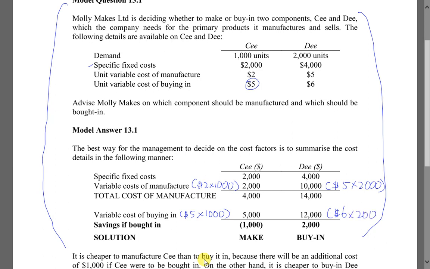I'm going to buy 2,000 units. So the decision is make or buy. Okay, you have savings, then you make.